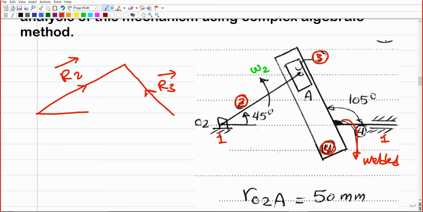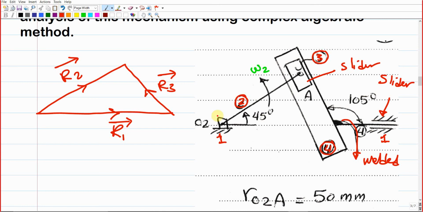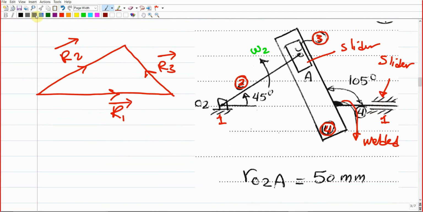In addition, we do have R1, and you should understand that this R1 is going to the other slider, because there is a slider here, and there is another slider here. Make sense? And you should understand that R2 works for the link O2A, R3 works for the slider, R1 works for this slider. Understood?